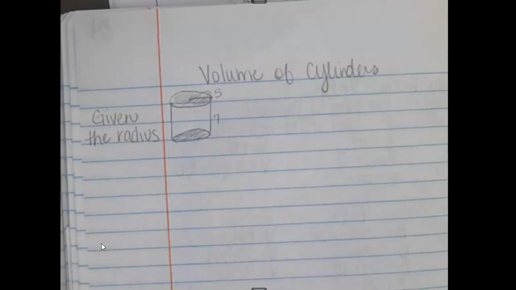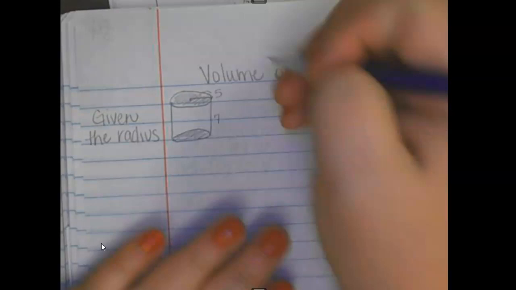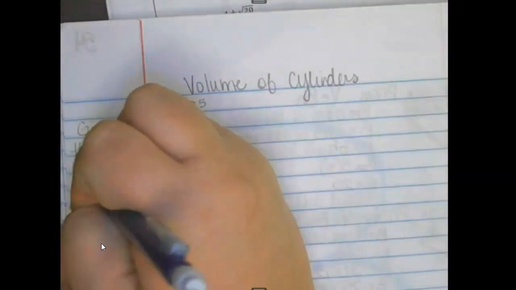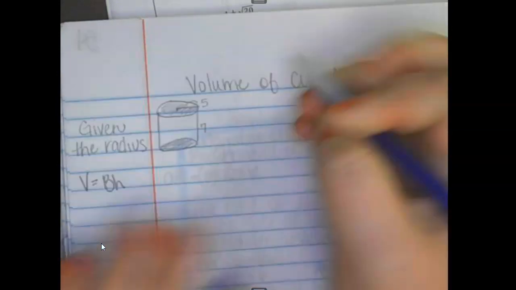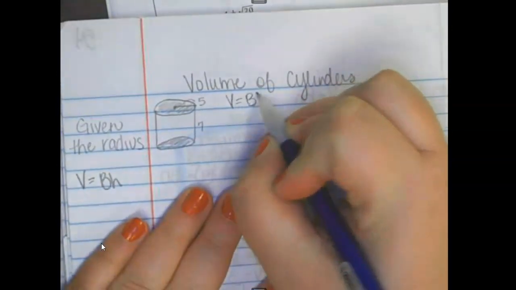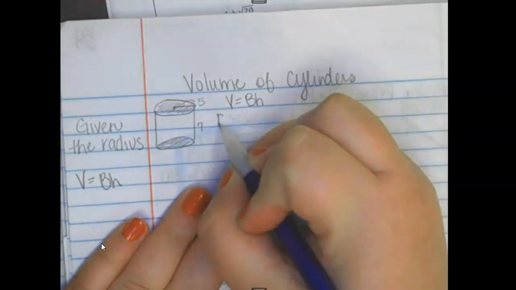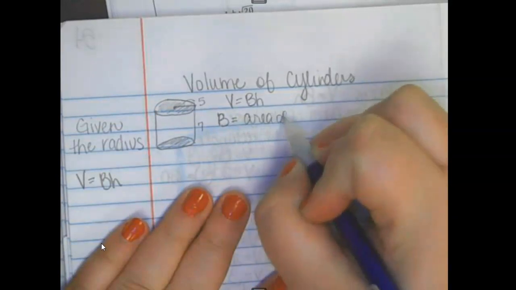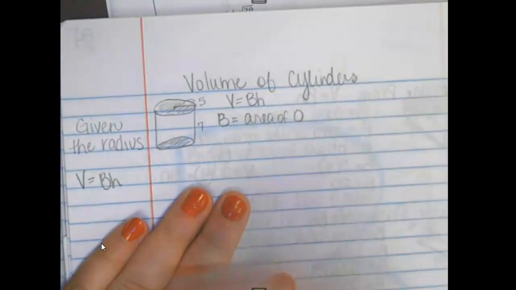All right, so our formula, V equals big B H. Double check to make sure. So we have V equals big BH. The shape of my base, big B, is going to be the area of the circle.